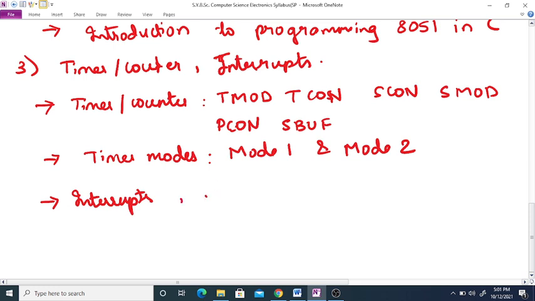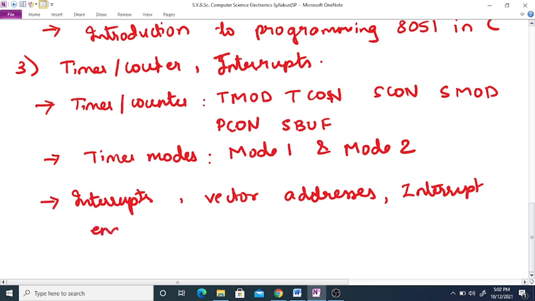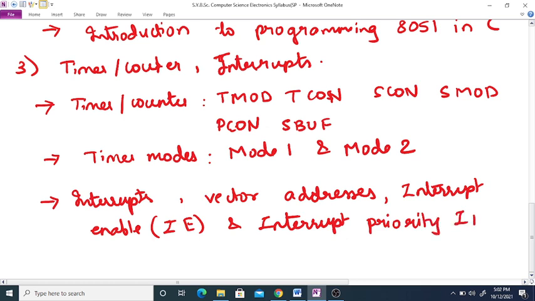Then vector addresses, then interrupt enable, that is IE, and interrupt priority, that is IP. These registers associated with interrupts we are going to see in detail.